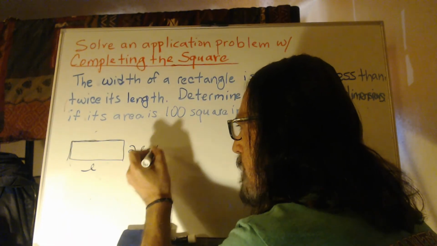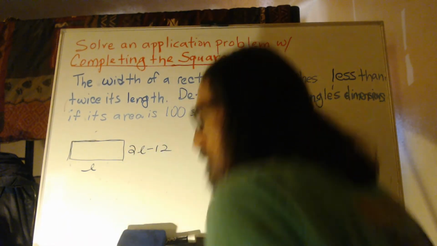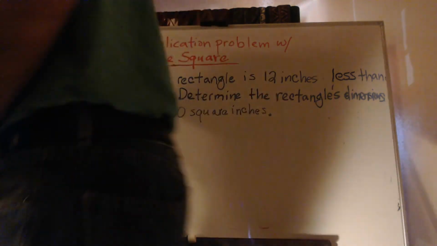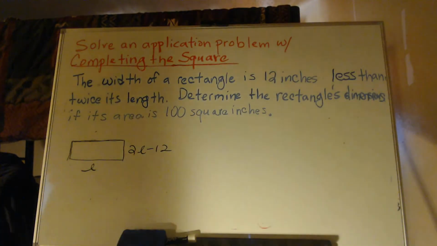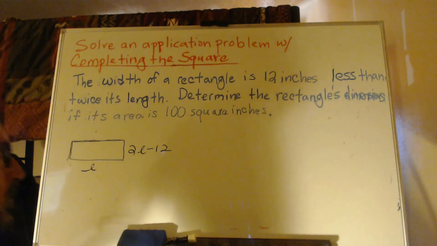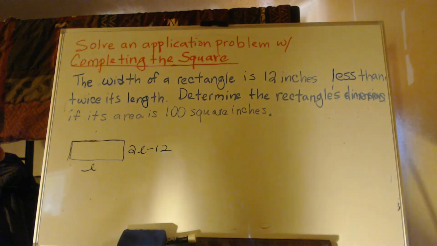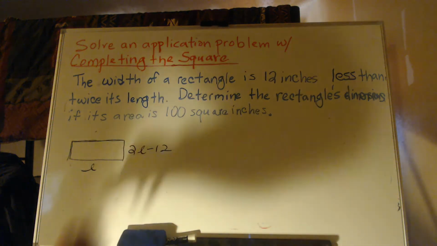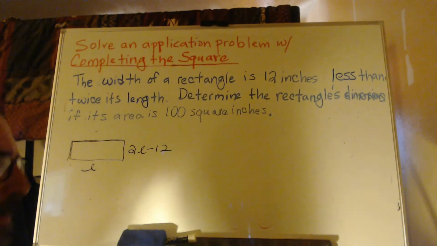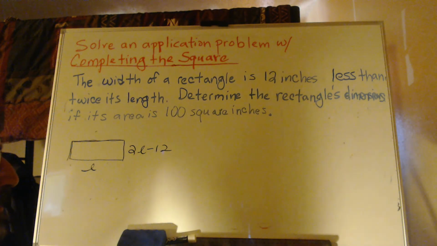Now you may have seen different problems about rectangles, such as, besides this question being about the area being 100 square inches, there are other questions that involve perimeter, but you wouldn't have anything in square inches there.